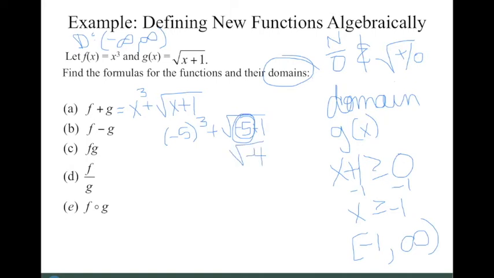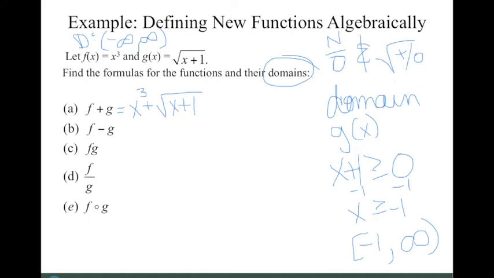So the problem didn't come from the x cubed function, because the domain is -infinity to infinity. The problem comes from our more restricted domain. So when you're looking for the domain of a composition function, you're going to look for the more restricted domain.